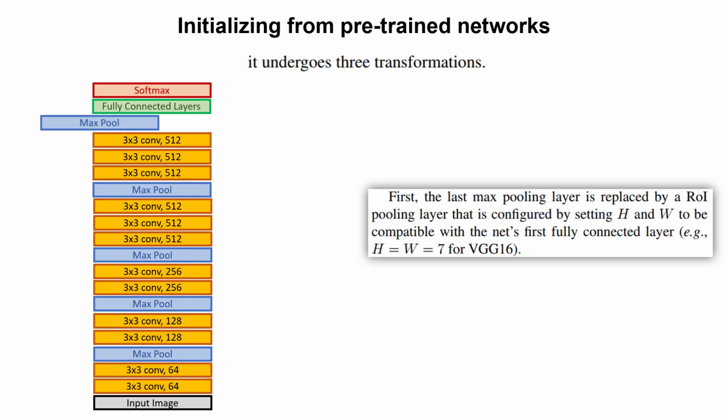So we remove this from the architecture and instead use RoI pooling. So basically the fully connected layer here is our shallow per-region network. Selective search happens here, and these layers before are all our backbone CNN.